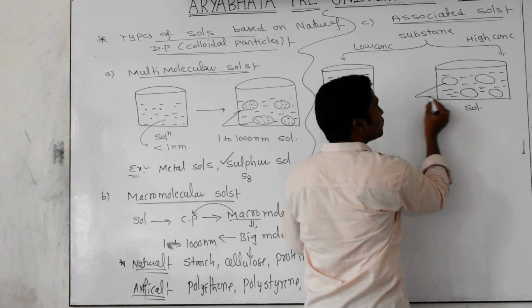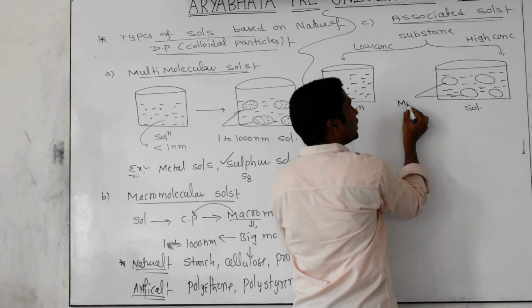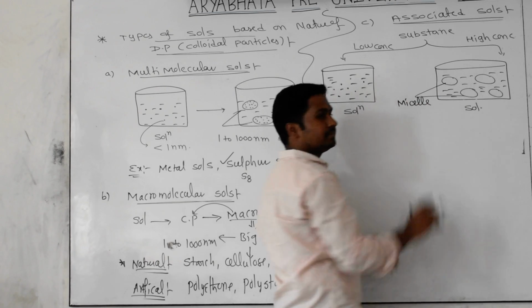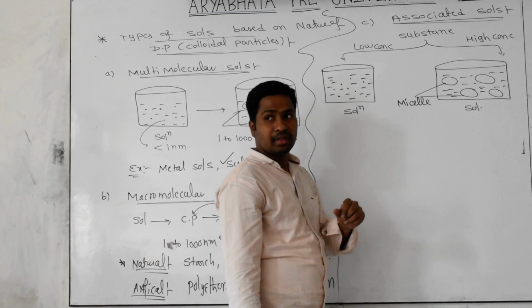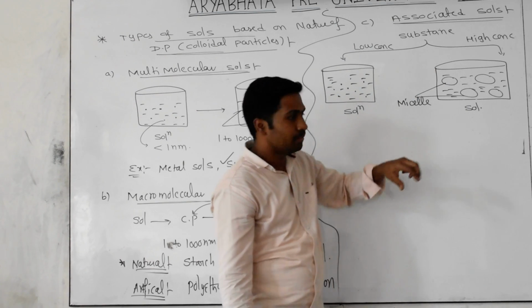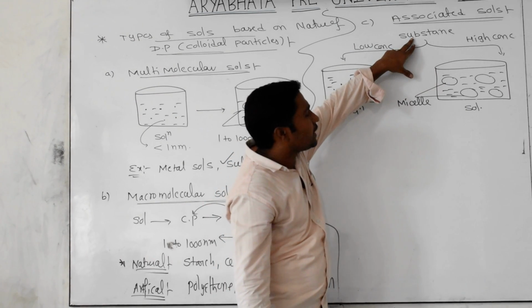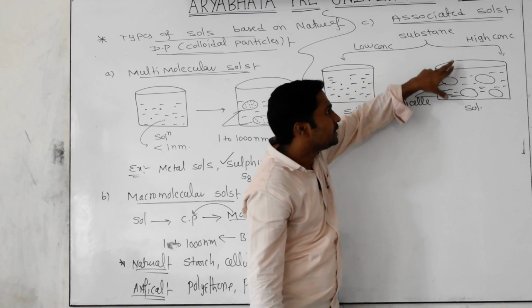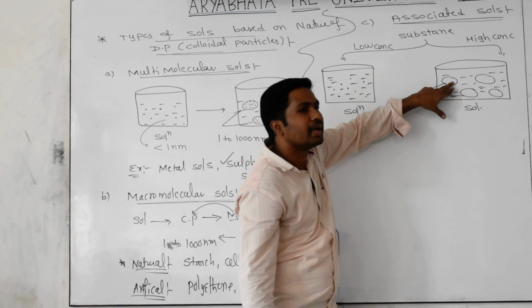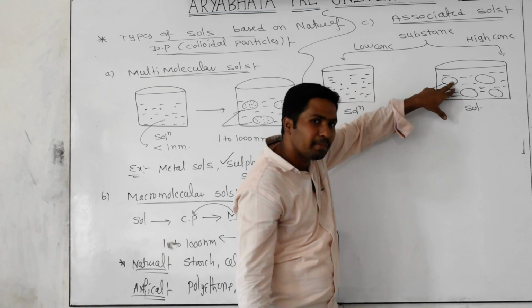Whatever aggregations form here are specially called by one name, micelles. I think you use this word in biology. Anyway, we will discuss briefly here. If you take any substance at a high concentration with a suitable solvent, then the solute particles undergo aggregation to colloidal particle size.